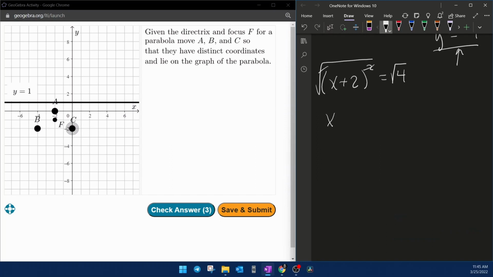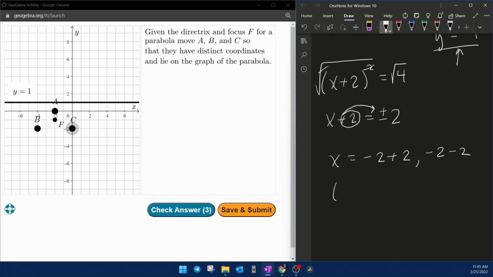Here we go. x plus 2 equals, the square root of 4 is 2, but don't forget when you square root both sides, you need a plus and a minus. And then if I move the plus 2 over, that will give me my 2 separate x coordinates. So -2 plus 2 and -2 minus 2.